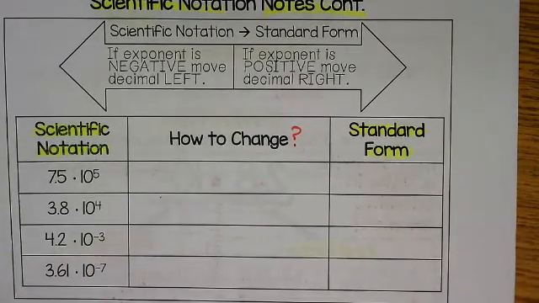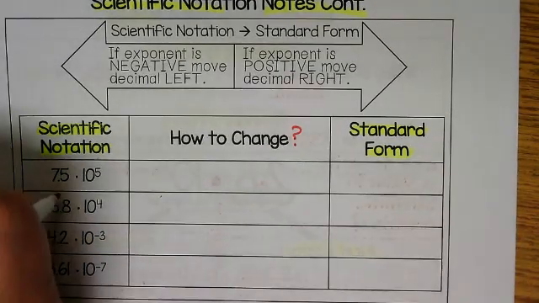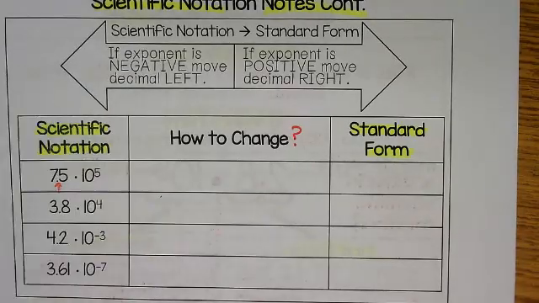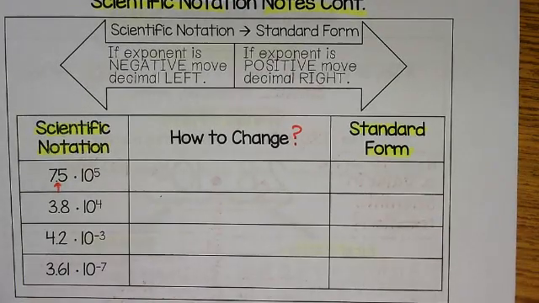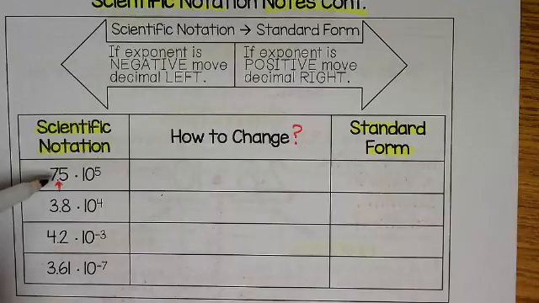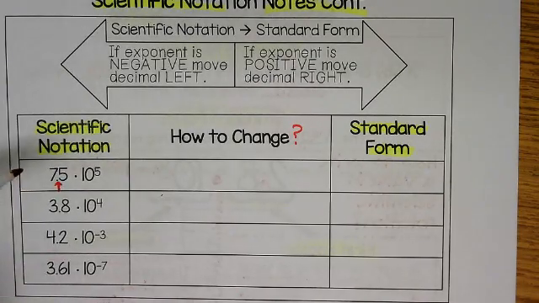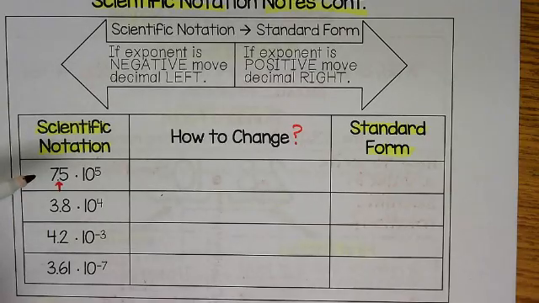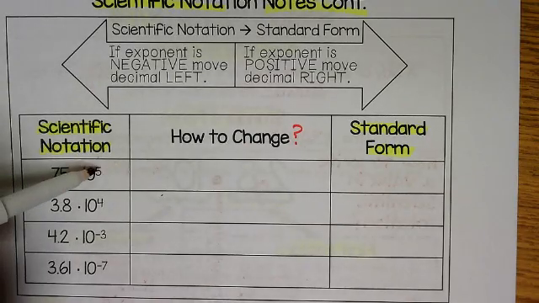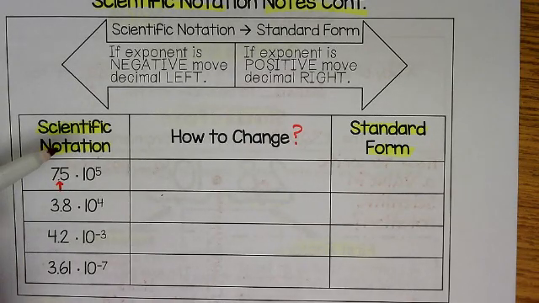So this time we are going to find our decimal point, which thank goodness it is there for us. Sometimes it isn't, but if you notice, this is written correctly, so I can begin, right? I have a number at least 1, less than 10, I have a multiplication sign, and I have a power of 10. And you already know that with a positive power of 10, positive 5, you are going to have a large number.